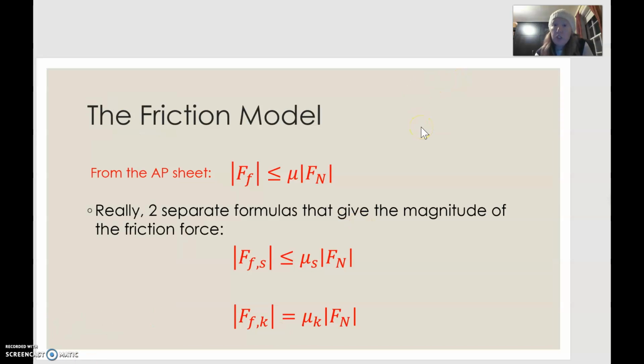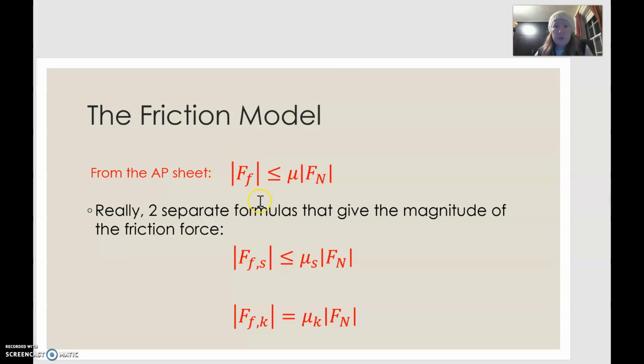From the AP sheet, the model we're using is a simplified model of how to calculate the size of these forces. It just gives you one equation for the force of friction.